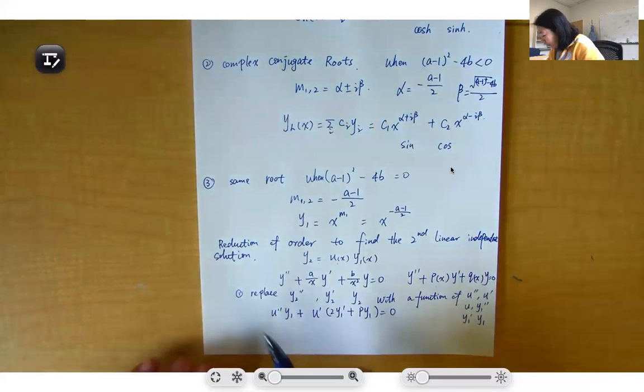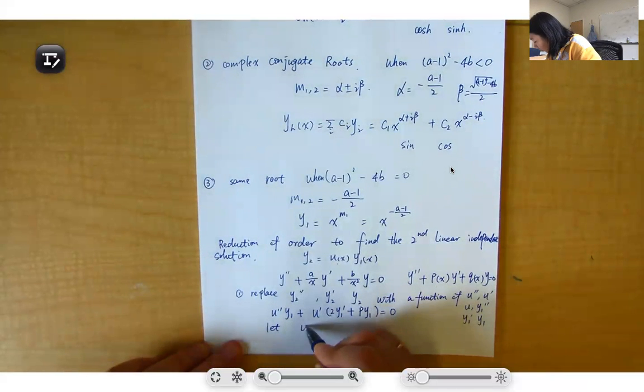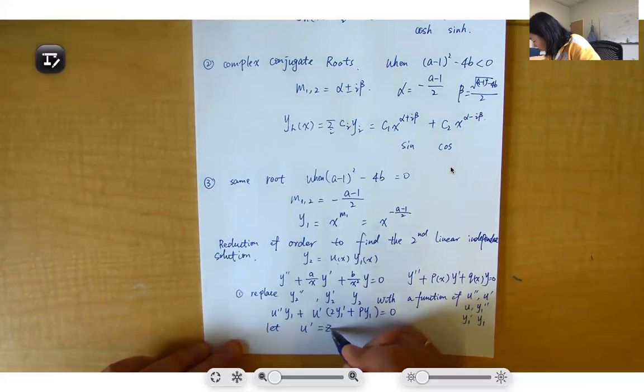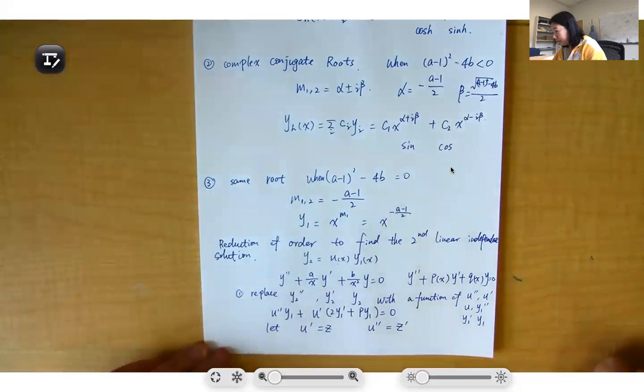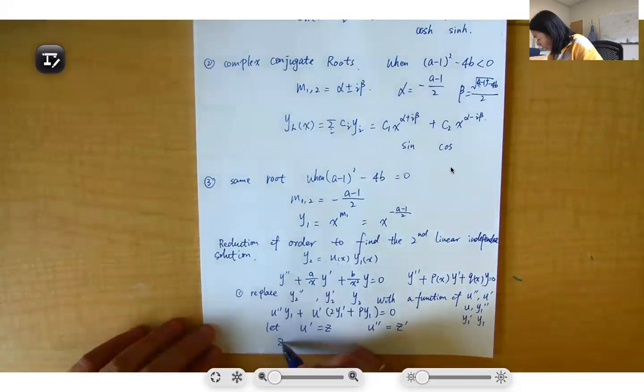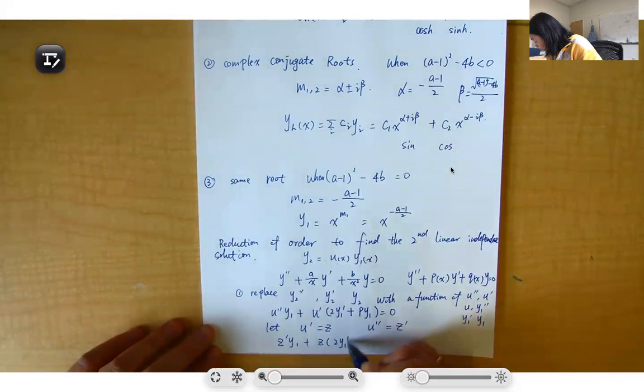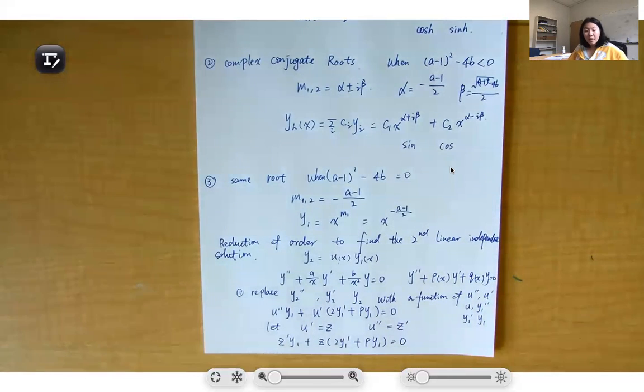And let u prime equal z, so u double prime will be equal to z prime. Then we can get z prime y1 plus z (2y1 prime plus p y1) equals to 0. And you can see that this becomes a separable equation, so that we can directly solve for z as a function of y1.